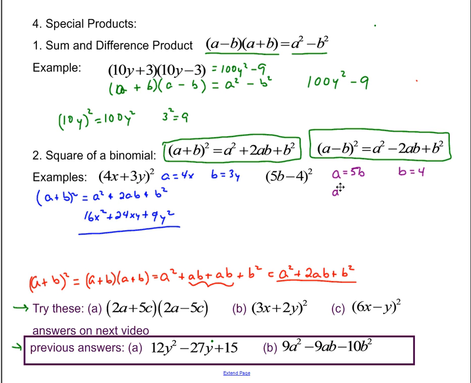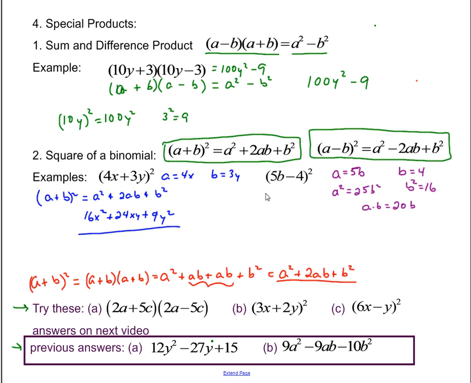The square of a we know is going to be 25b squared here, and the square of b is going to be 4 squared, which is 16. And if we take a times b, we know we're going to get 4 times 5b, which is to say 20b.